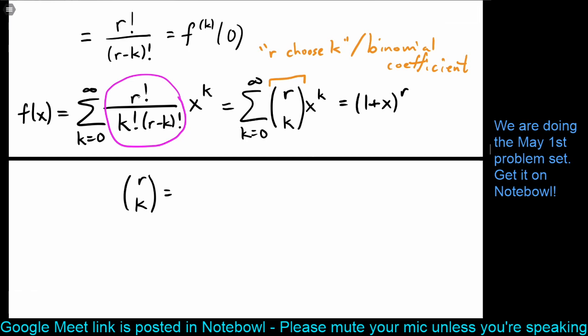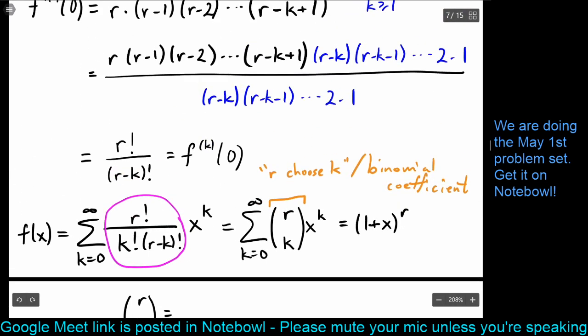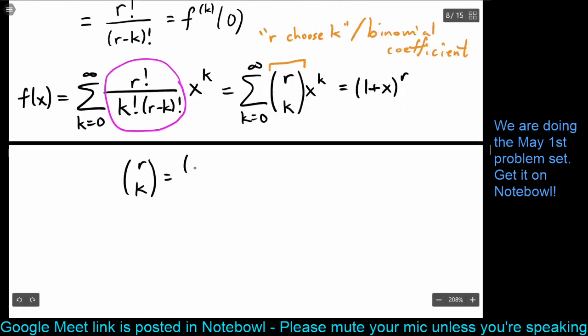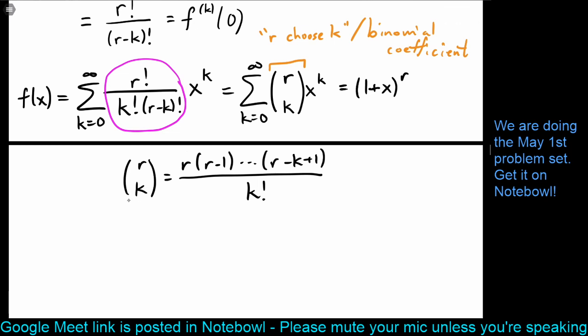If r is an integer, then this all kind of makes sense. If r isn't an integer, how do you compute something like 1/2 factorial? Well, you just go back to this expression here. You rewrite this as r times r minus 1 all the way through r minus k plus 1 over k factorial. So that k on the bottom still needs to be a whole number, like 0, 1, 2, 3, and so on.